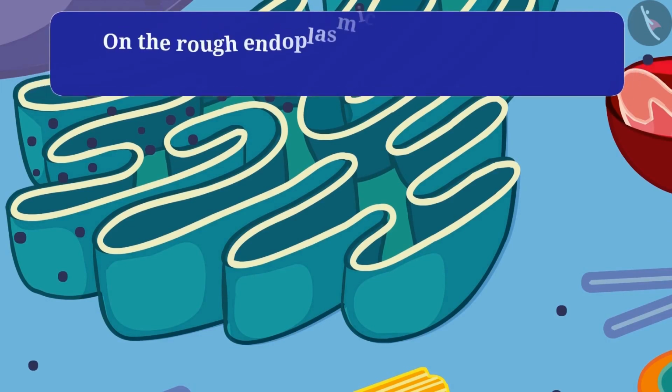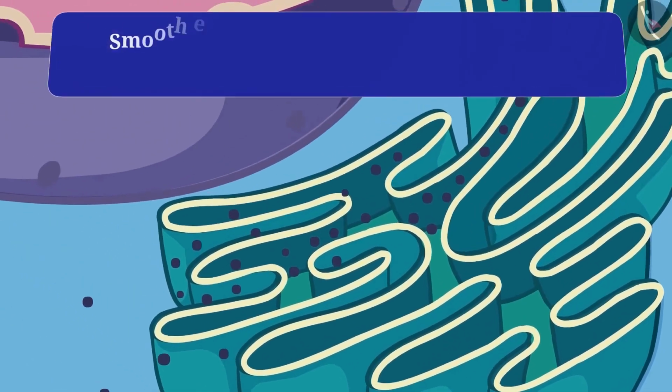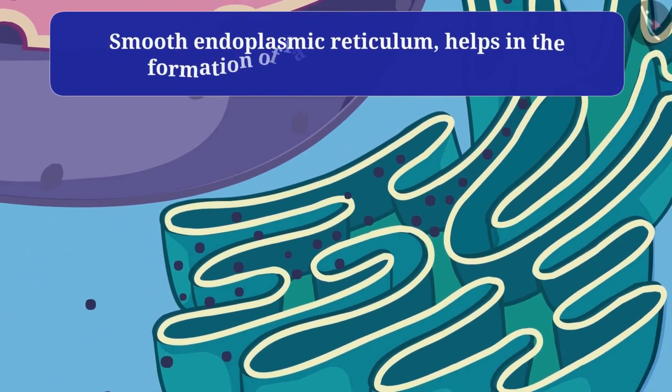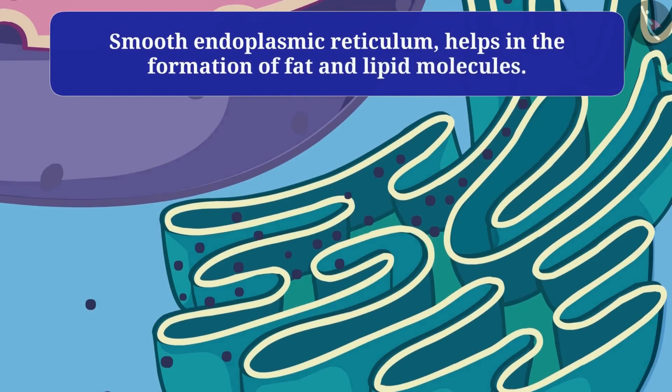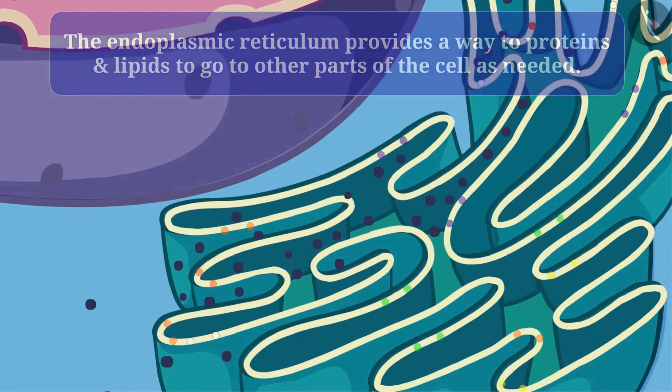Friends, do you know? On the rough endoplasmic reticulum, protein synthesis occurs with the help of these ribosomes, and smooth endoplasmic reticulum helps in the formation of fat and lipid molecules. That is, the endoplasmic reticulum provides a large surface for synthesis of protein and lipid inside the cell, and after that, it also gives them a way to go to other parts of the cell as needed.